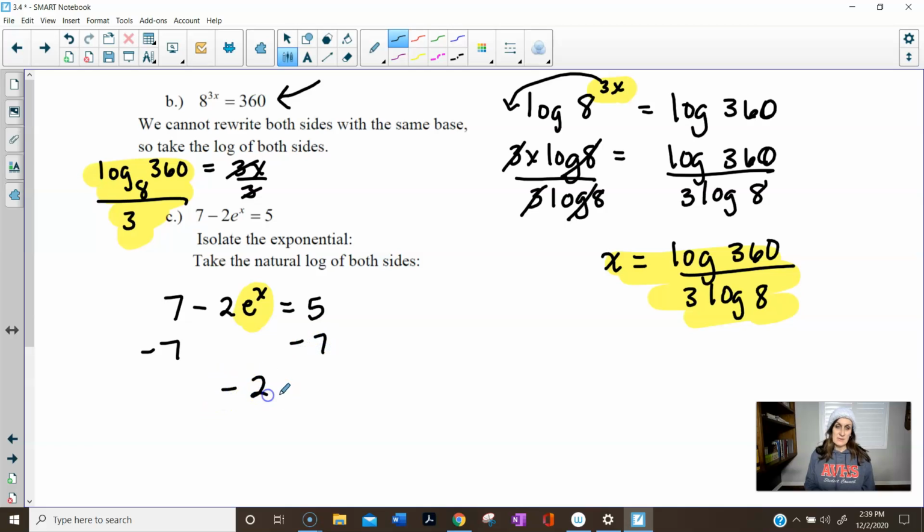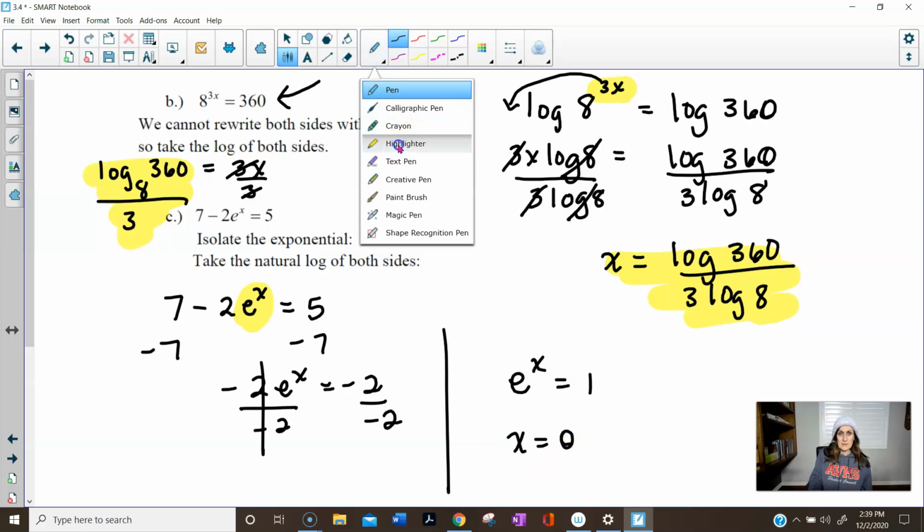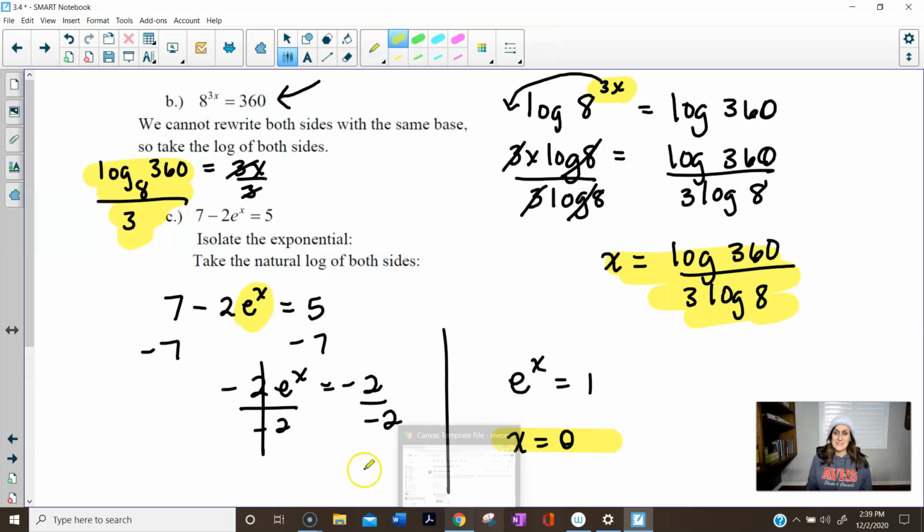This gives me negative 2e to the x equals negative 2. Then you can divide by negative 2. A negative divided by a negative is a positive. So e to the x is equal to positive 1. And then I know what x is because e to the 0 would equal 1. So therefore, x is equal to 0. All right, and there's my solution.